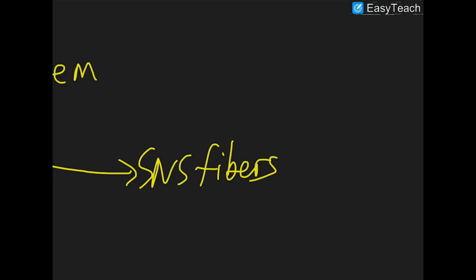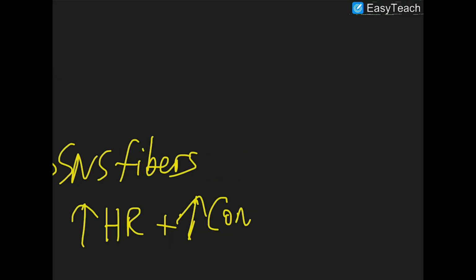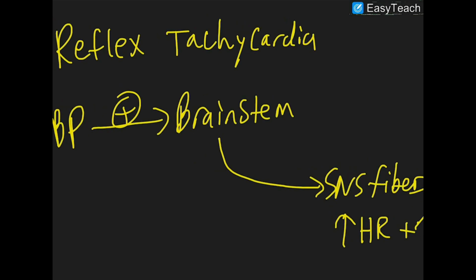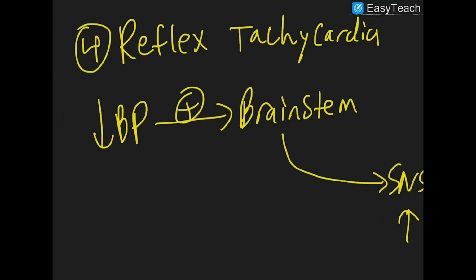So if you have an increase in your sympathetic nervous system because your blood pressure falls, then that increase in your sympathetic tone will lead to a higher heart rate and higher contractility. So again, let's just go through this mechanism once more so it's more clear. Because nitrates reduce blood pressure, that's going to stimulate your brainstem and tell your brainstem, hey, we're not having that much perfusion.